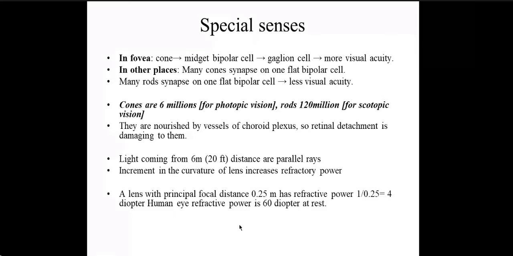Up to this, is it clear? Why, when we accommodate, is there convergence of the eyes? So that the image is formed on the fovea. Why? Because in the fovea cones are more, cone to bipolar cell to ganglion cell 1:1, so more visual acuity.